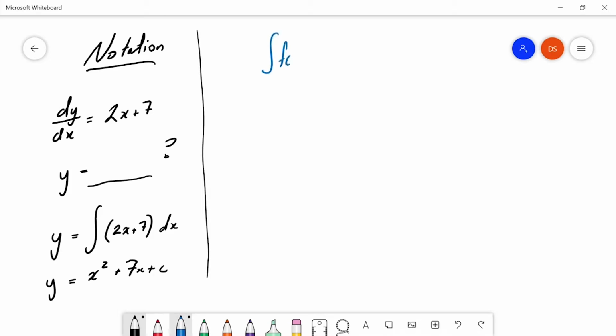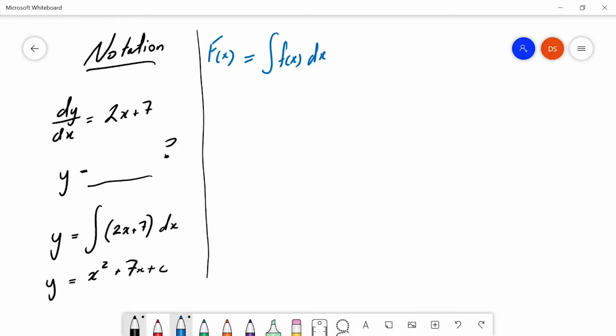There is not a formal notation for what integration is, but I like to write capital F. So if I have capital F, it's typically the integrated version of little f.